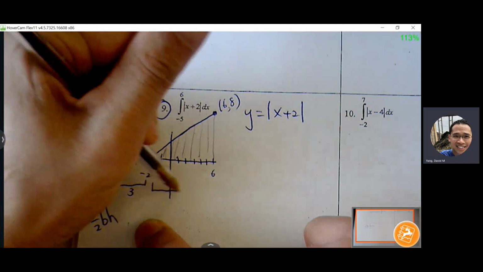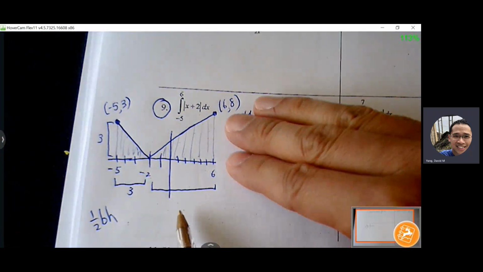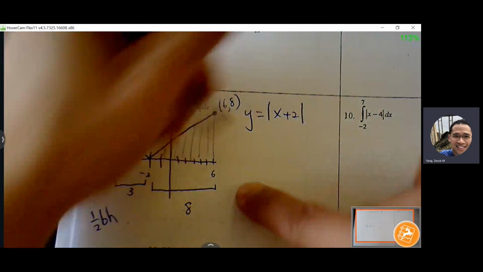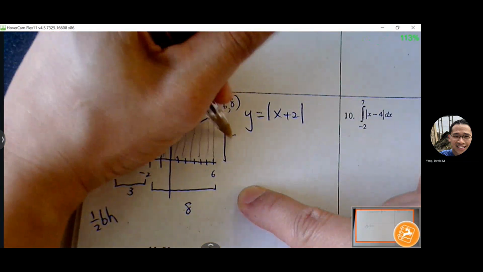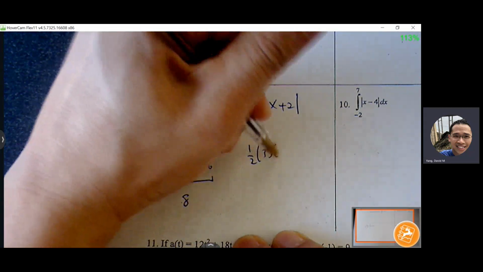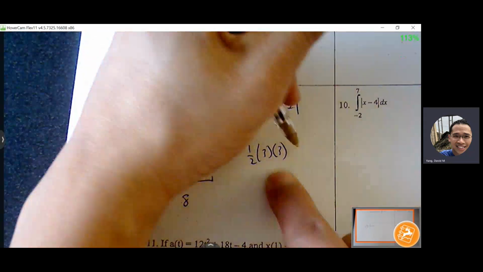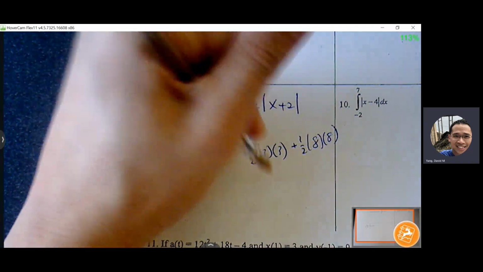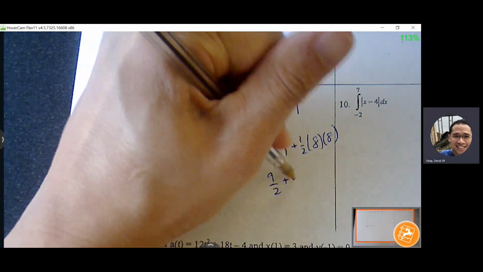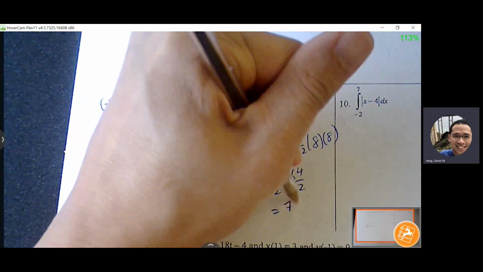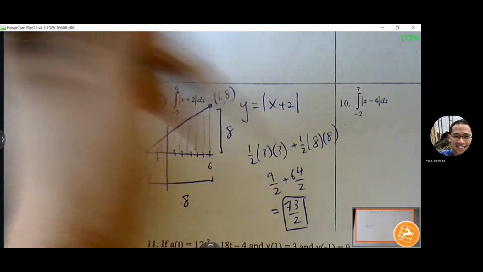What's the width of my second triangle? 8. What's the height of my second triangle? 8. So 1/2 base times height is the area of my first triangle. 1/2 times 8 times 8 is the area of my second triangle. 9/2 plus 64/2 equals 73/2.